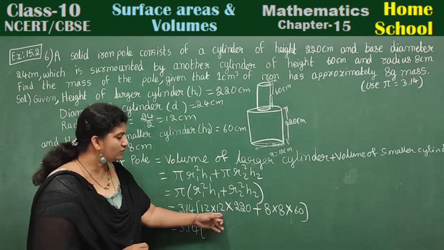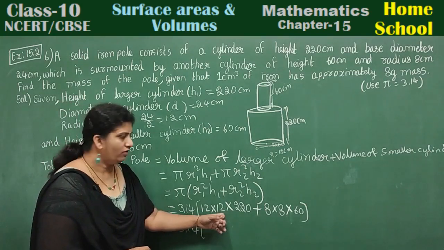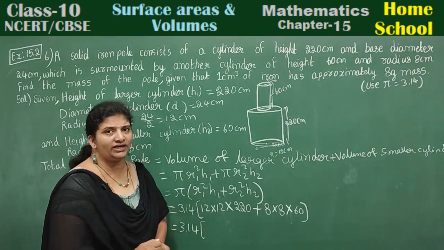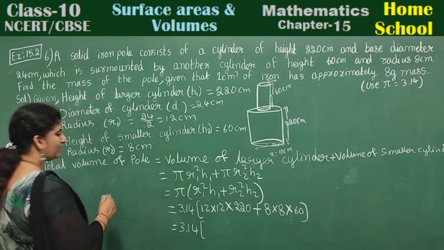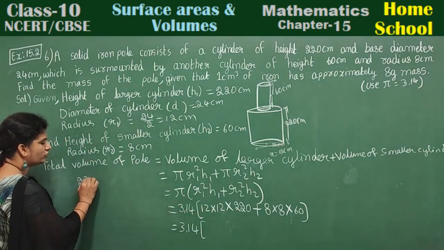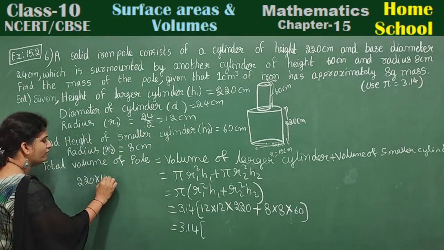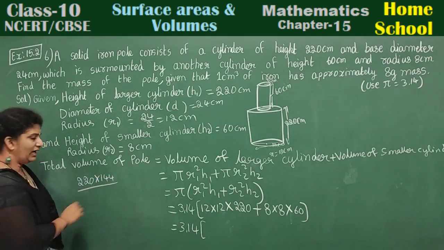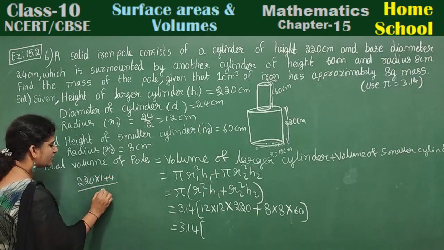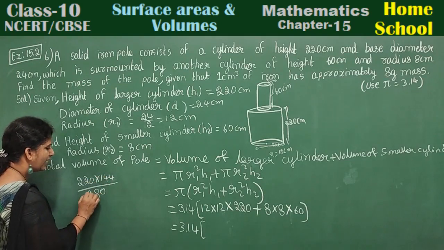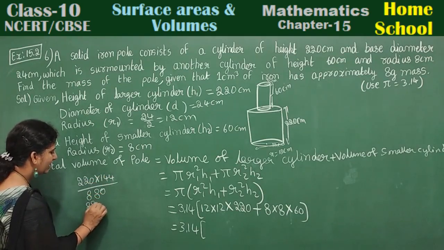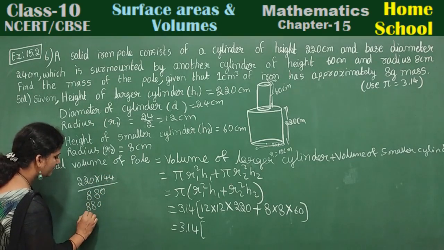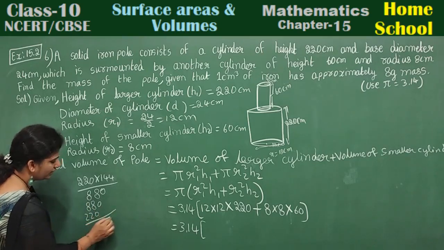Now next one, 3.14 into 12 12s are 144. 144 into 220. We need to do the calculation in rough column. 220 into 144, multiply. 4 zeros are 0, 4 twos are 8, 8, and this will be 880, and here it will be 220.